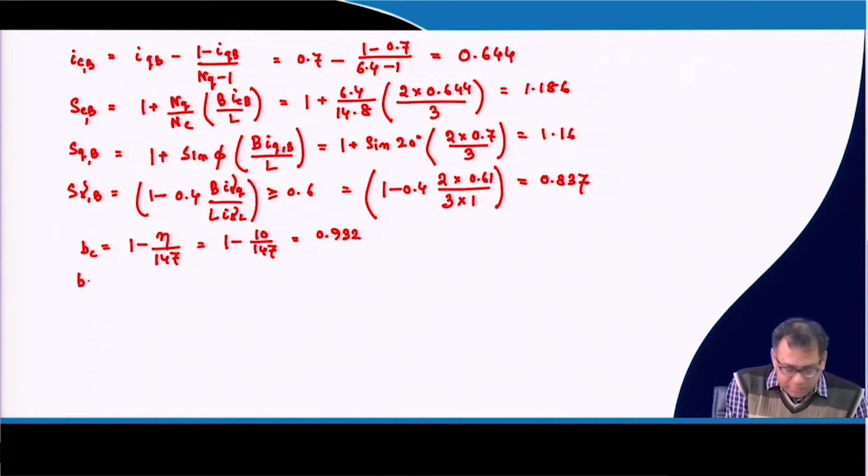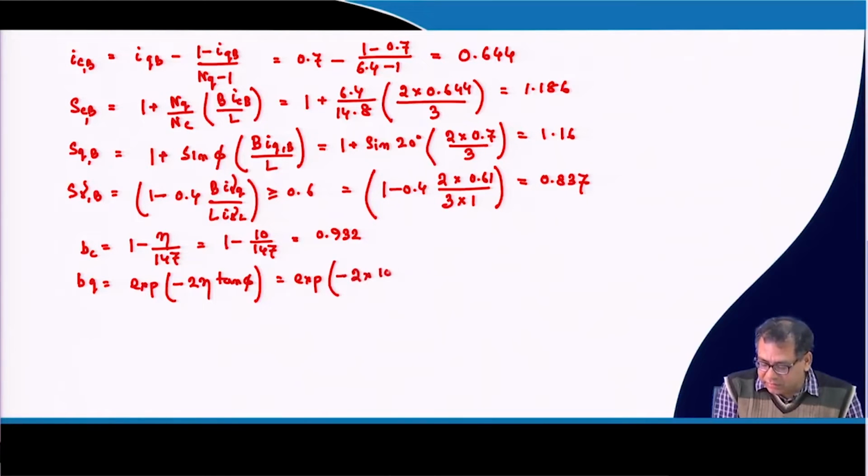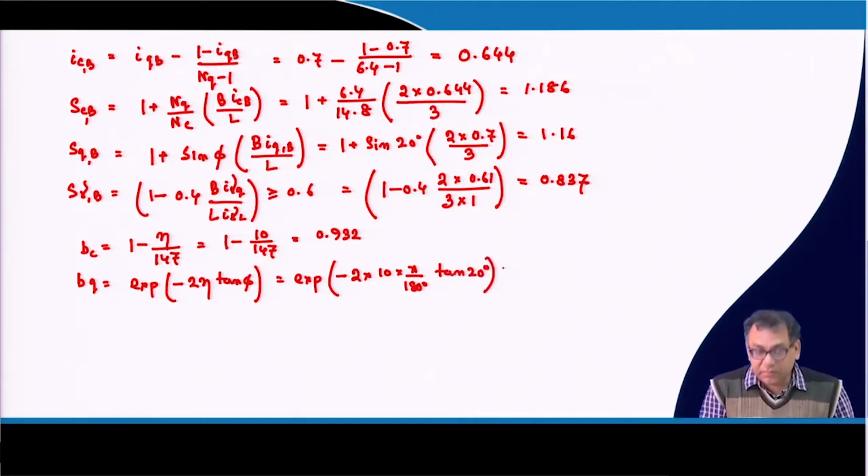And BQ is equal to EXP of 2 eta tan phi, but here eta is in radians. So, I multiply 10 by pi by 180 to convert it to radians, and then tan 20 degree. Be careful which one is degree and which one is radian; it is mentioned in the table specifically, so use accordingly.